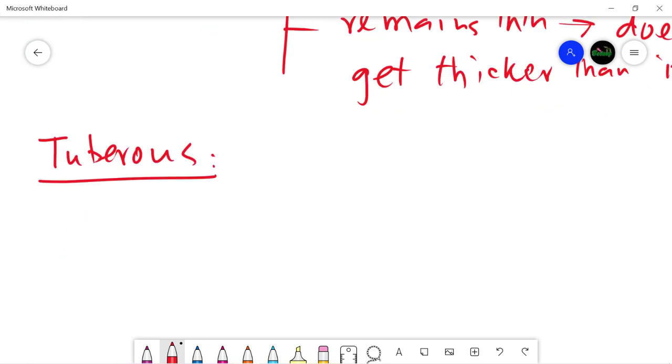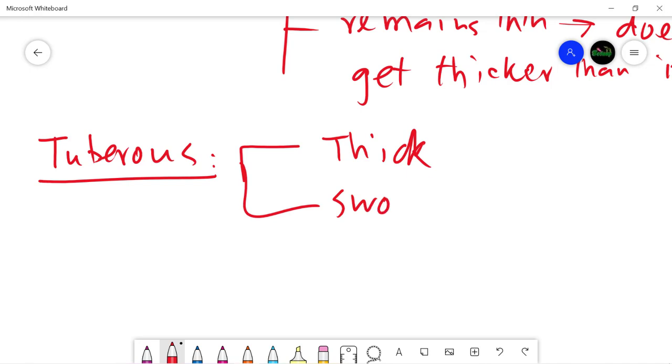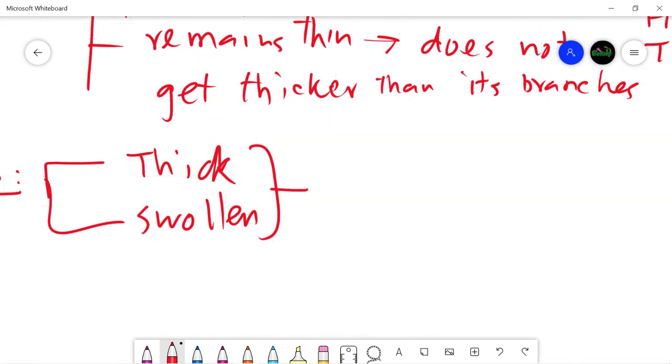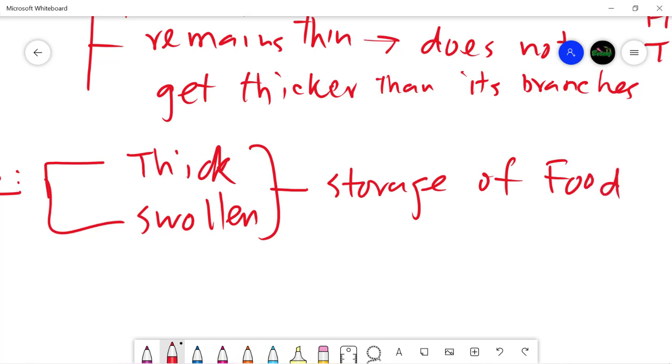So tuberous taproots are quite thick and swollen due to the storage of food. Now this thickness or swelling is because of storage of food. A large amount of reserve food is present in the tuberous root.